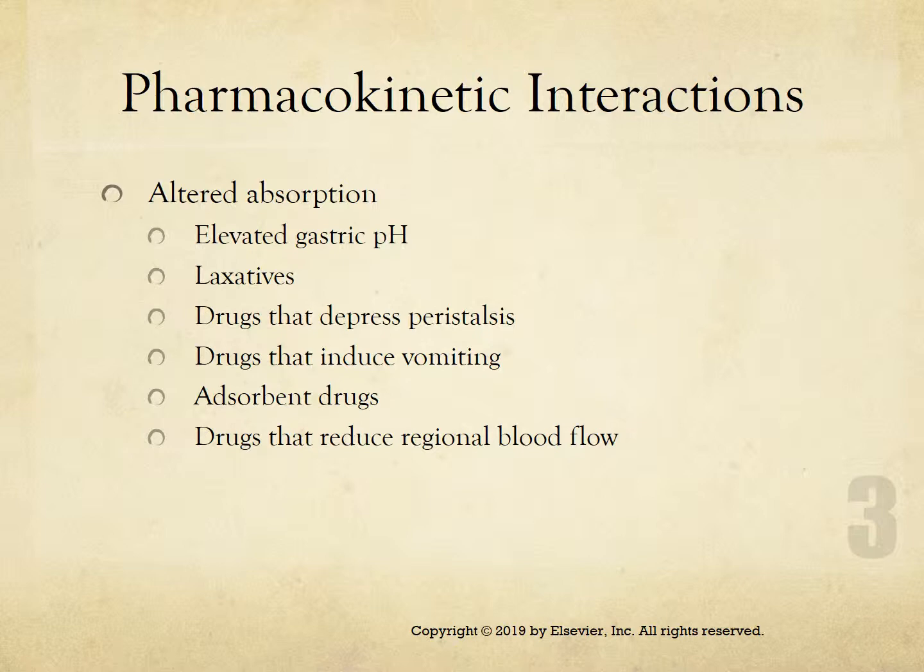From drugs that induce vomiting, therefore you don't get the drug at all or a decreased amount. You can have altered absorption from adsorbent drugs. You can have decreased absorption from drugs that reduce the regional blood flow to an area.